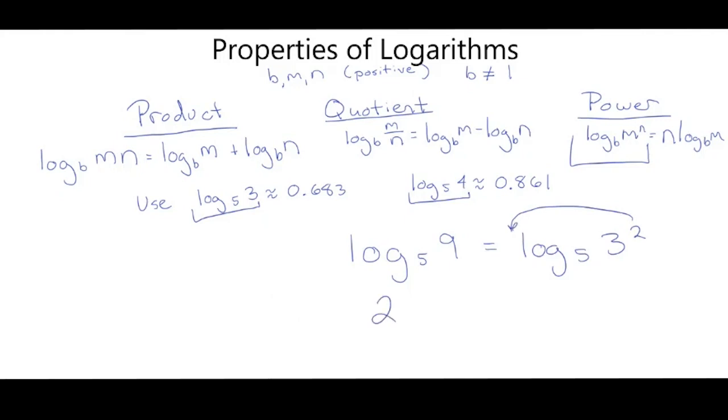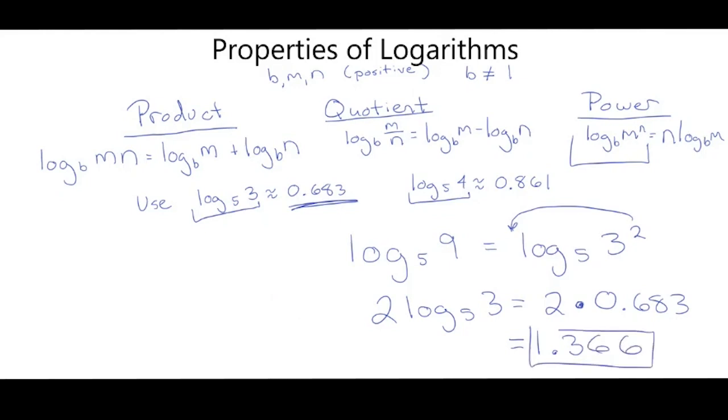So now I have 2 times log base 5 of 3. So that's 2 times my 0.683, which is 1.366. And that is the approximate value of this expression.